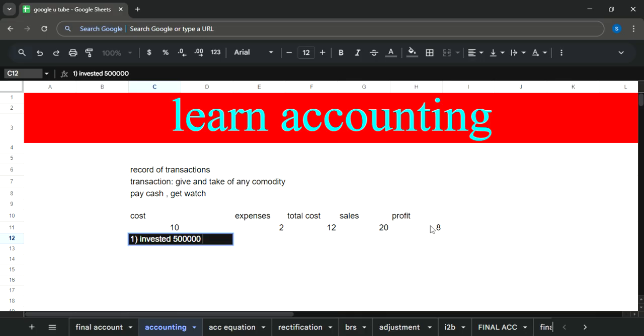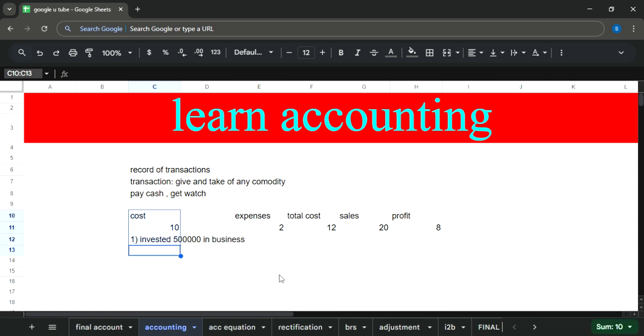So invested 500,000 in business. It means total equity you do have is 500,000, 5 lakh rupees you have invested in your business.